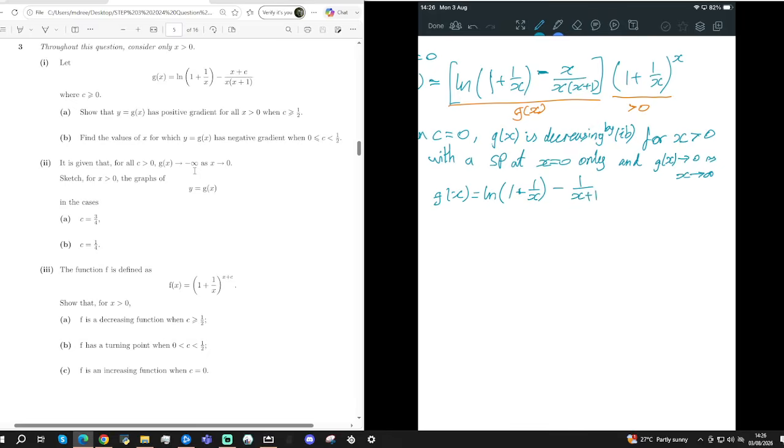The x's there cancel, which is probably the reason why things have swapped over. We now have 1 over linear rather than over quadratic. So when x goes to 0, what does this do? Well, we know ln of 0 goes to infinity. We know this thing here looks like it's going towards 1.